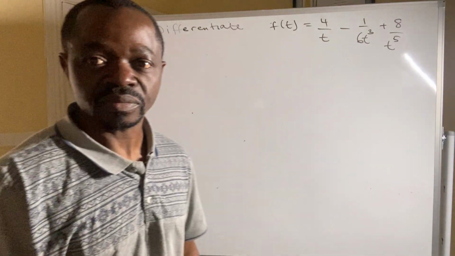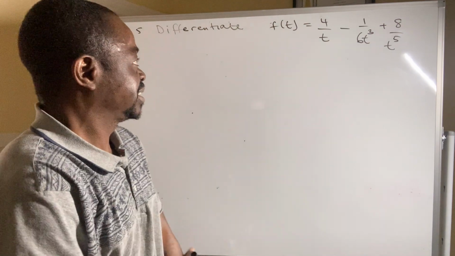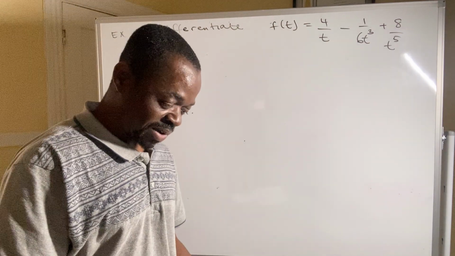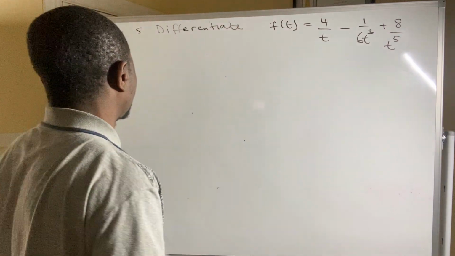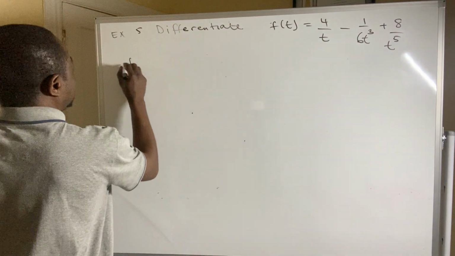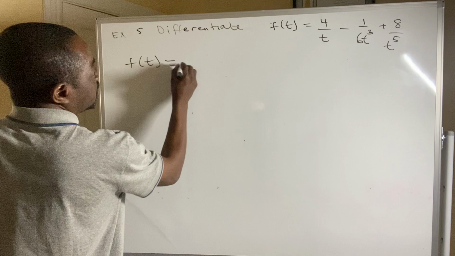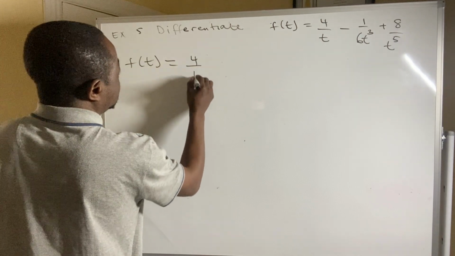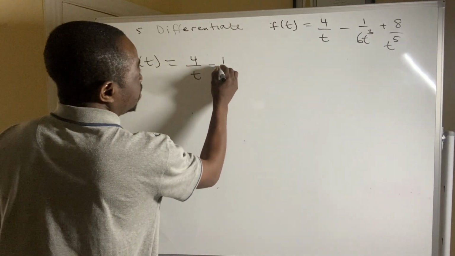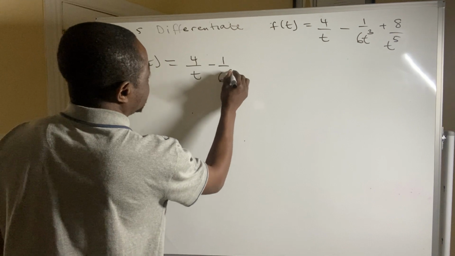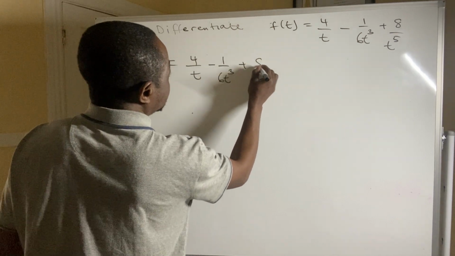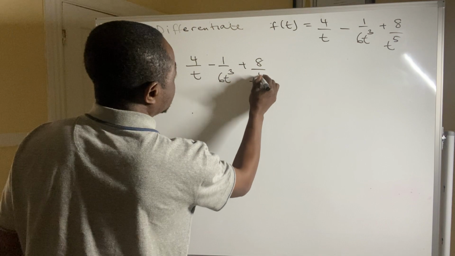All right, so let's look at this, the last but not the least example. So f of t equals 4 over t minus 1 over 6 t to the power 3 plus 8 over t to the power 5.